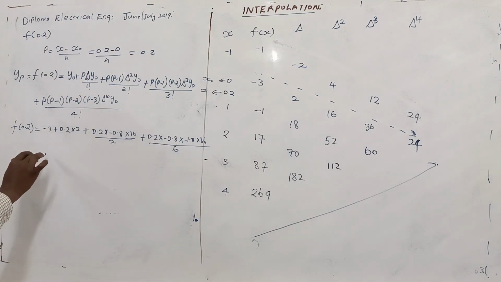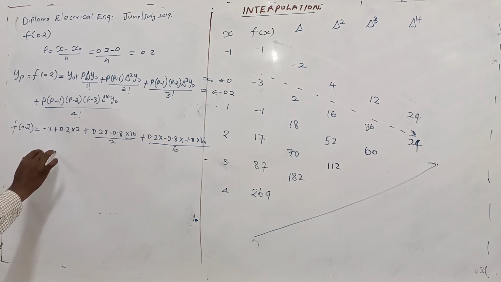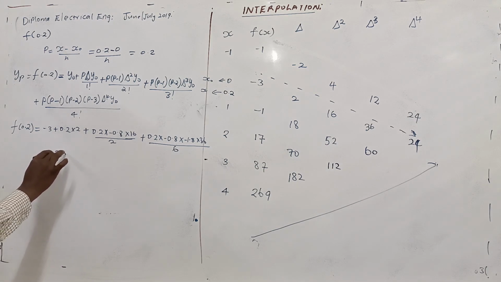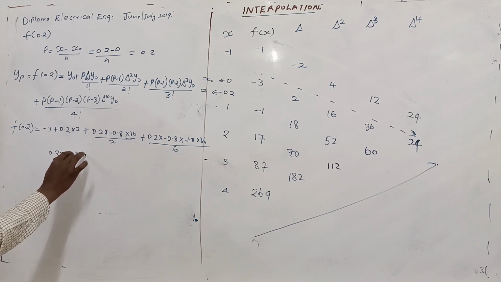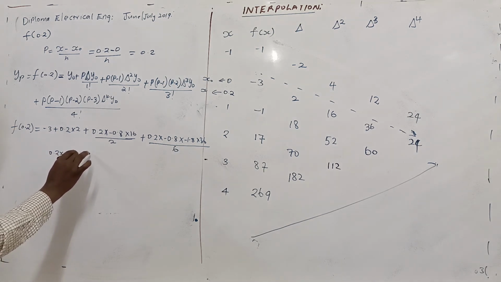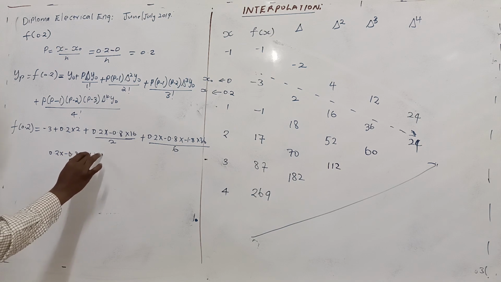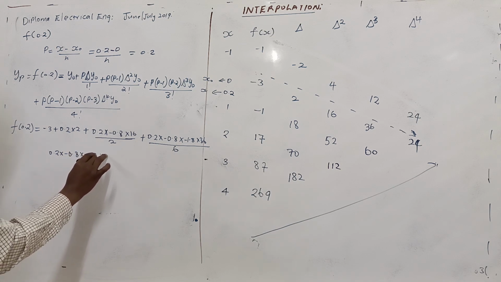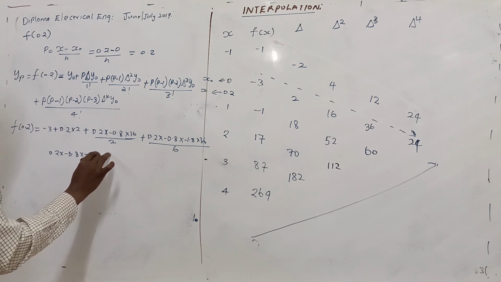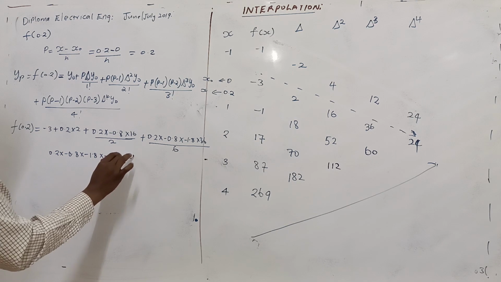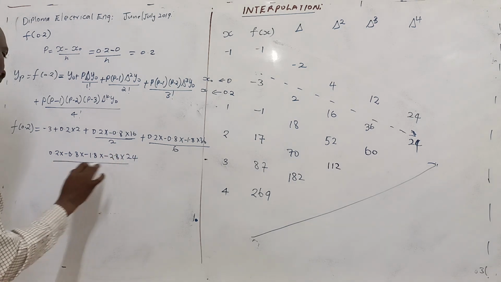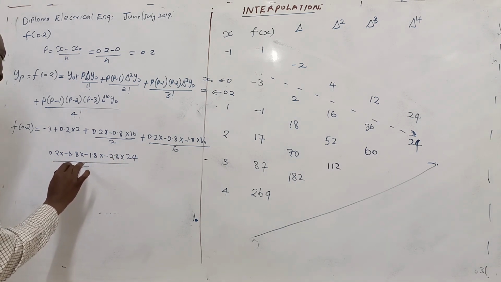Then we have p, which is 0.2, times p minus 1, negative 0.8, times p minus 2, negative 1.8, times p minus 3, negative 2.8, times the fourth difference, 24, all over 4 factorial, which is 24.